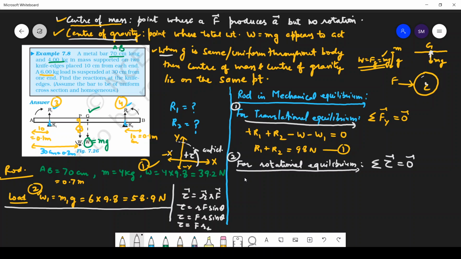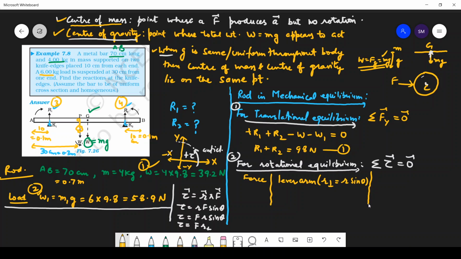Okay. So what do we need? We need force and we need lever arm, that is R perpendicular, that you can say R sine theta.